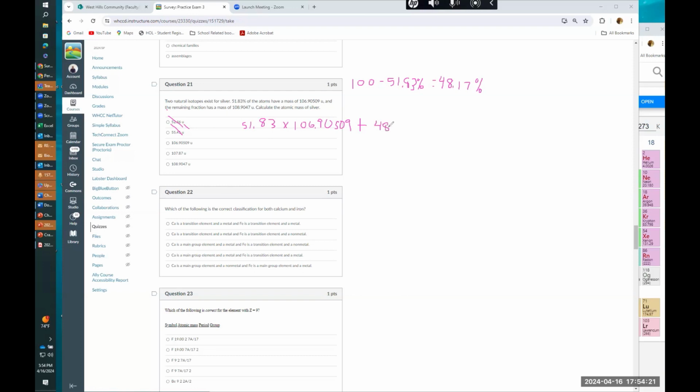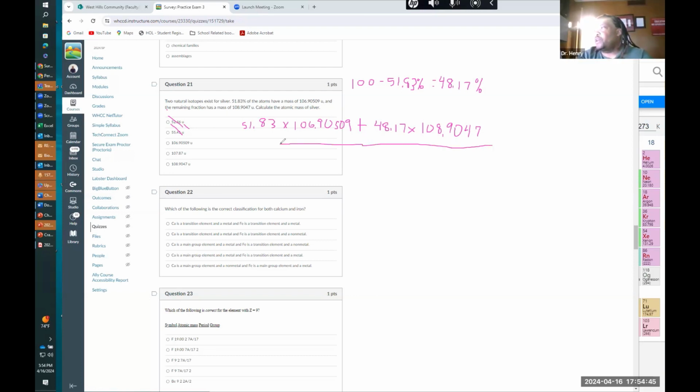Okay, so then I'm going to take that 48.17 and add it to it. And then we're going to multiply that times the 108.9049. Oops, sorry, 47. Okay, and then we're going to divide that whole thing by 100.